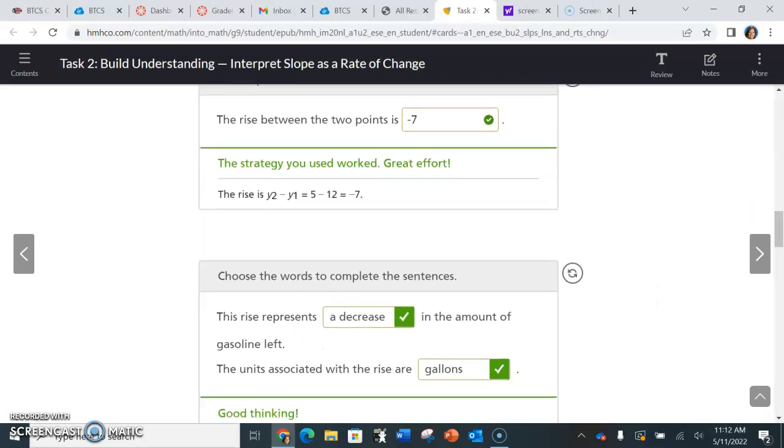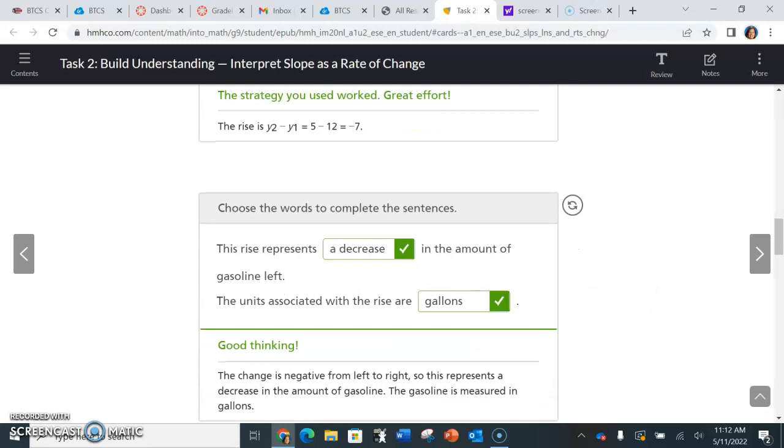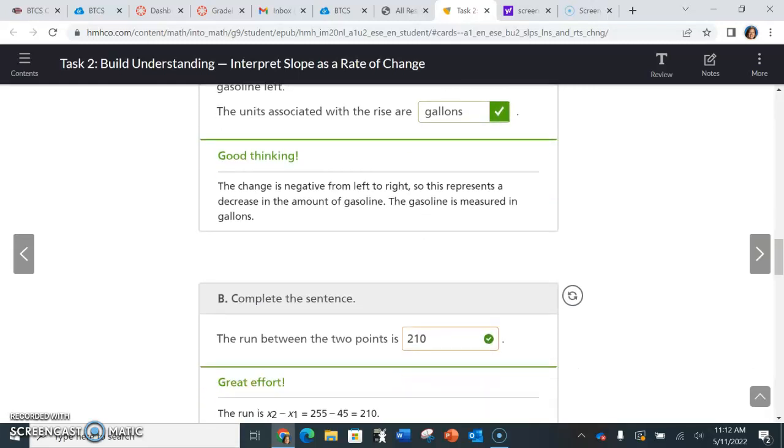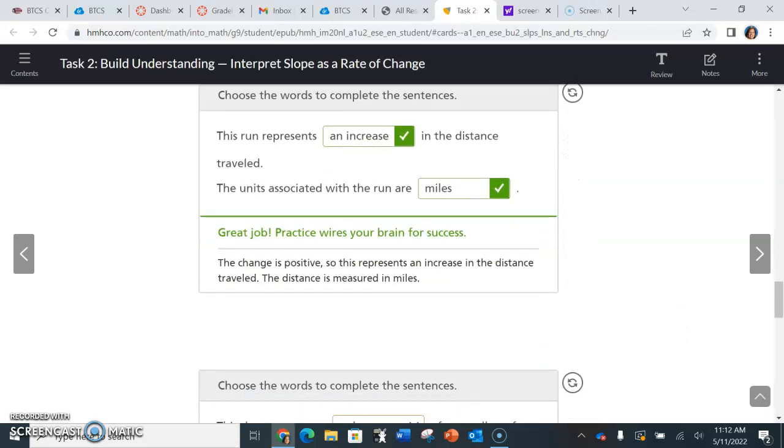So we've got difference of y's over difference of x's. Let's take that and divide it out. So you go down 1 gallon of gas for every 30 miles traveled.